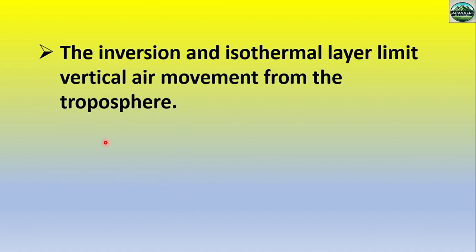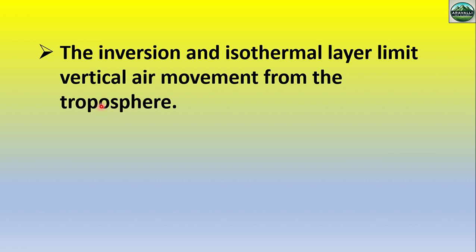Why is this inversion happening here? The inversion and isothermal layer limit the vertical air movement from the troposphere. Isothermal means equal temperature layers, because at the top of the troposphere the air temperature is around -60, and in the stratosphere temperature is increasing.